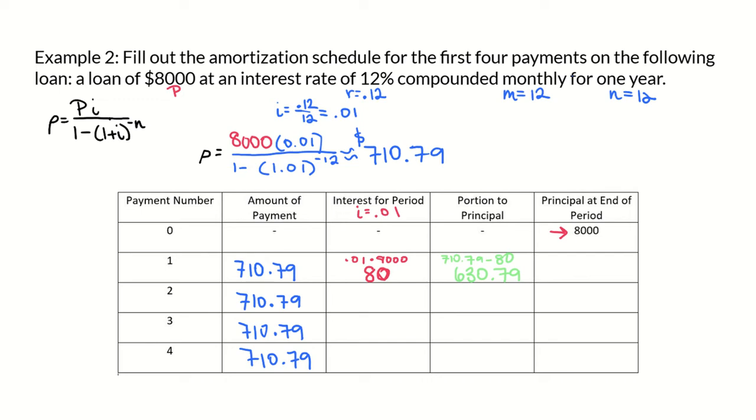So that would be the principal at the end of the previous period, 8,000 in this case, minus the principal that was paid off. So that means that the principal remaining at the end of this first period is $7,369.21.